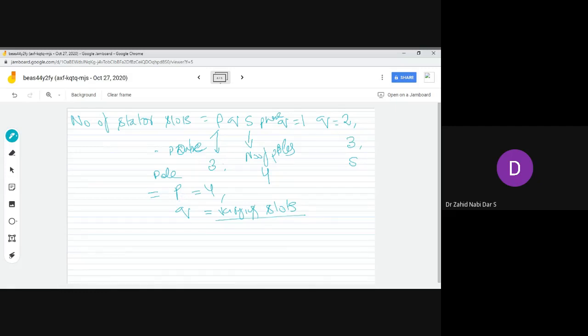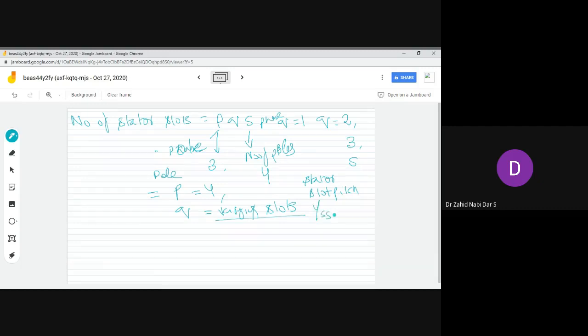So we have seen the best winding slots, best power factor, other factors which in the previous class I mentioned to you. For the best power factor we have this L by tau ratio, for the best efficiency we have this. Similarly here also, the stator slot pitch is called as YSS.